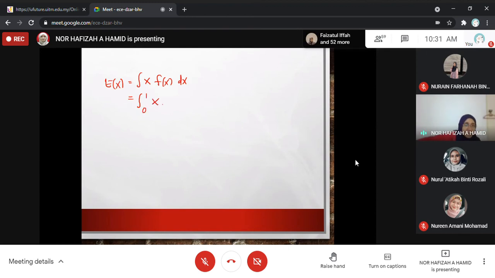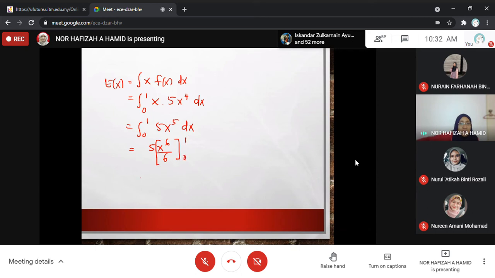So you have x, and you multiply with the function, which is 5x to the power of 4 dx. You expand first, from 0 until 1, then we have 5x to the power of 5 dx. After you expand, you can integrate to get 5x^6 over 6, with limits 0 until 1, and you get the final answer equal to 5 over 6. So this is for A.